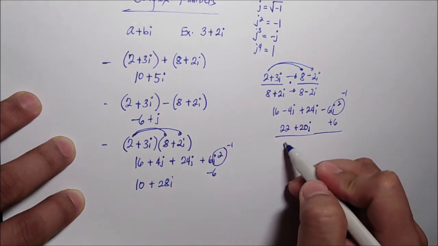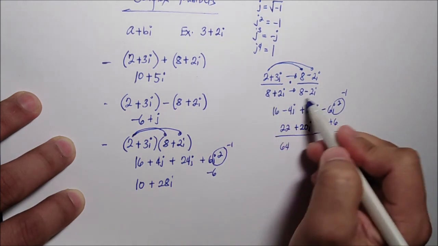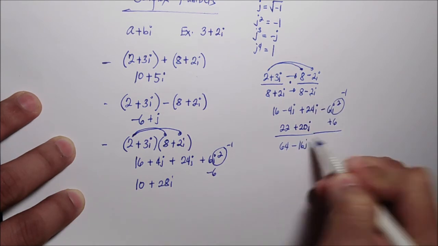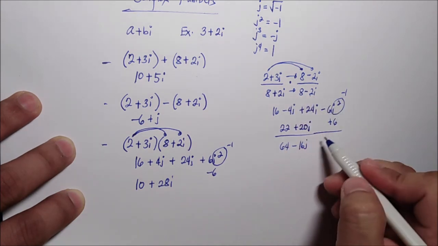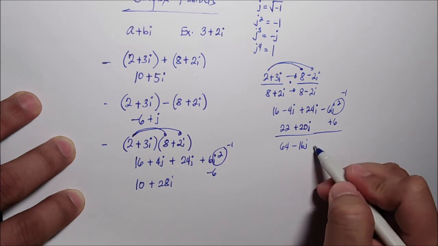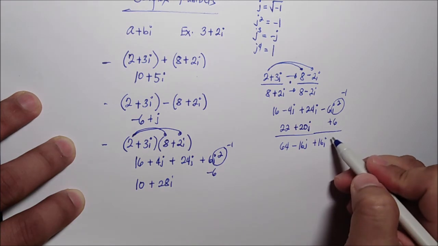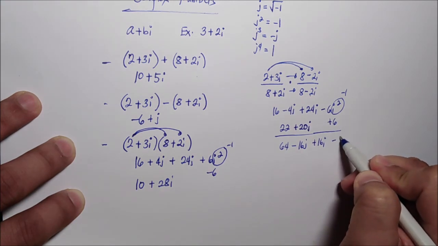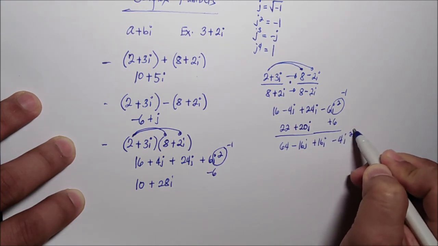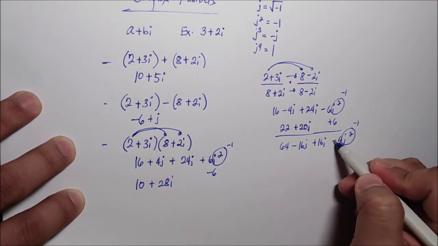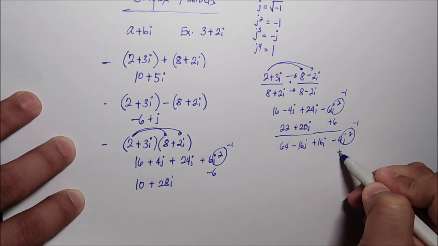Okay, for the denominator, let's compute also with the distributive property. 8 times 8 is 64. 8 times negative 2i is minus 16i. 2i times 8 is plus 16i. Then 2i times negative 2i is minus 4i squared. i squared is equal to negative 1, and therefore negative 4 times negative 1 is positive 4.